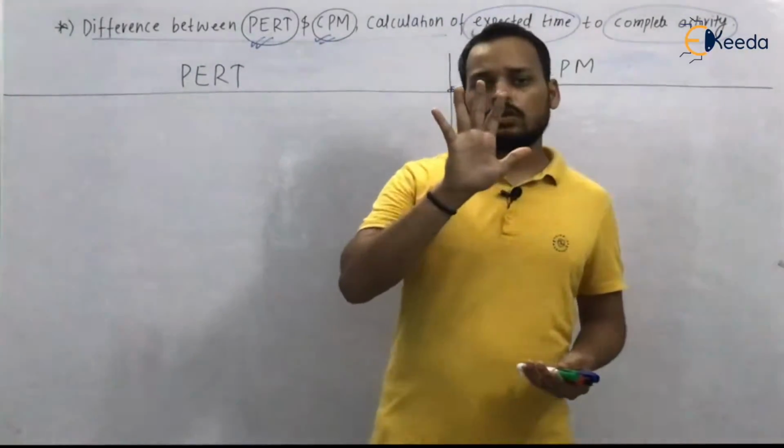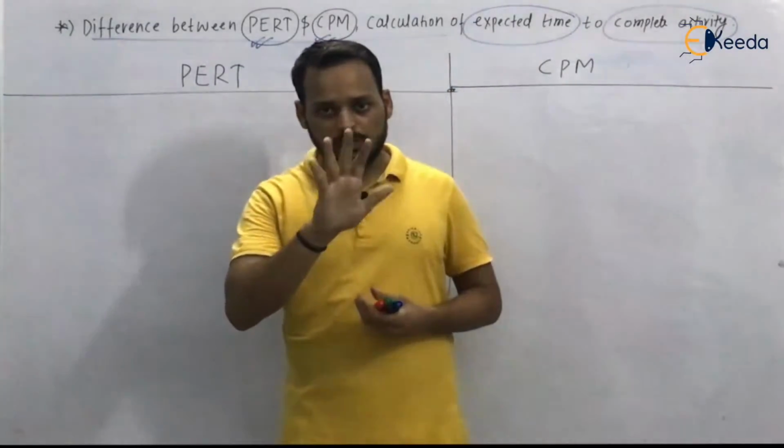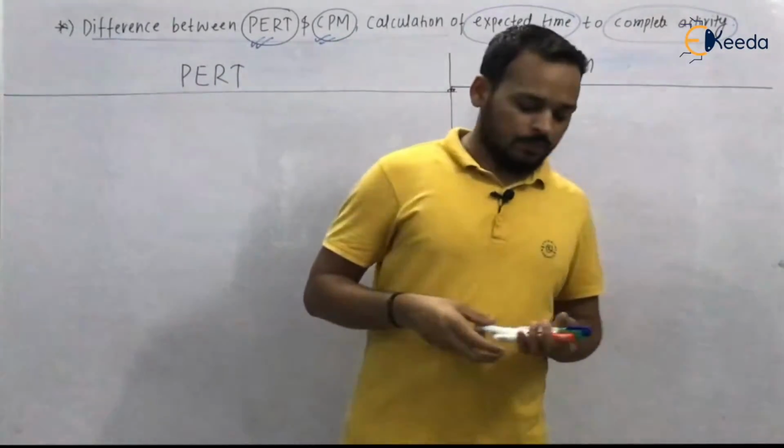So basically there are five differences between PERT and CPM.